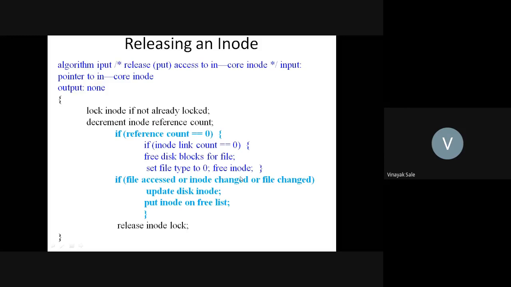If the file was accessed or the inode or file changed, update the disk inode, put the inode on the free list, and release the inode lock. See the algorithm carefully.